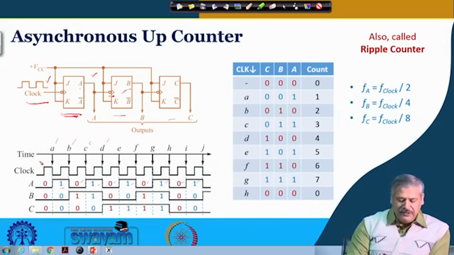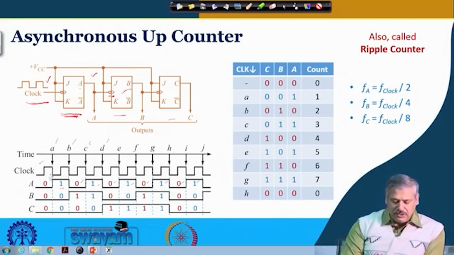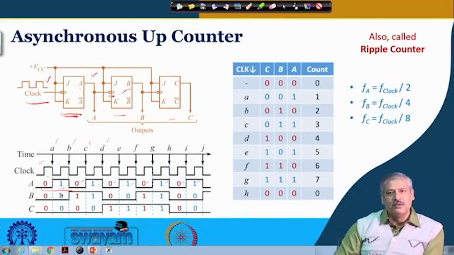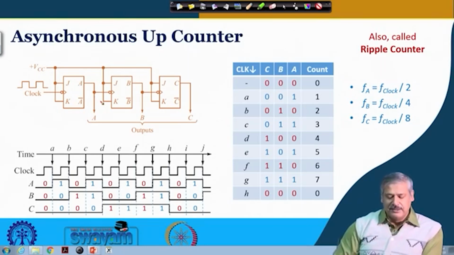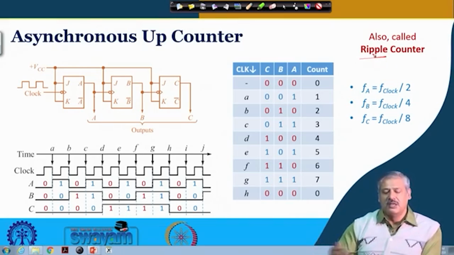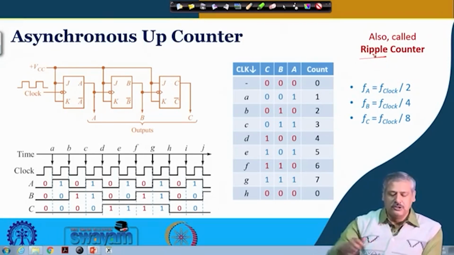Now for every 2 clock triggers, you can see A changes by 1. These are the 2 cycles, then A changes. So for every 2 such clock triggers, you get 1 trigger over here for flip flop B. So it is coming via A, the effect is rippling through flip flop A to flip flop B.